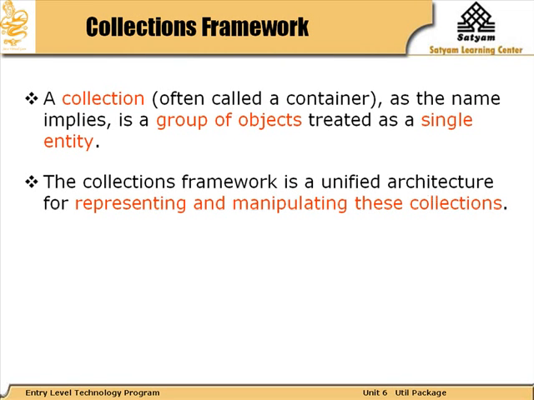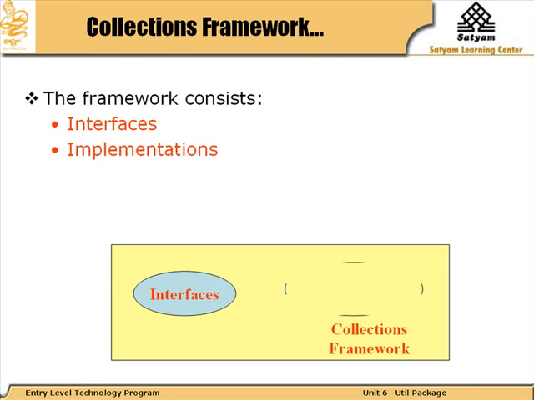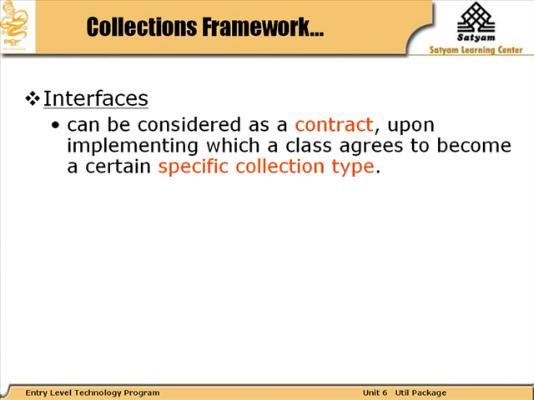A collection framework is a unified architecture for representing and manipulating these collections. The collection framework is made of the interfaces and their implementations. Interfaces can be considered as a contract upon implementing which a class agrees to become a certain specific collection type such as linked list, stack, queue, tree, and so on.